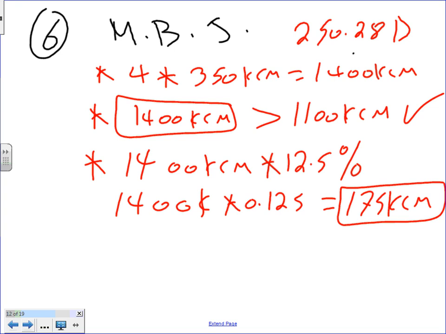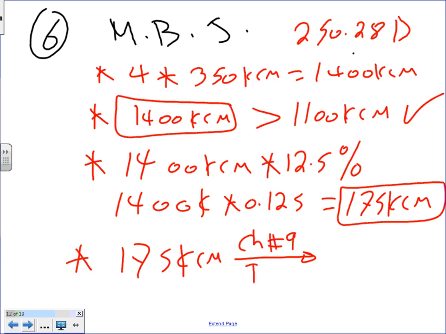There is no 175 kcm, so you need to identify it. I need to re-identify that from Chapter 9, Table 8. If you go to Chapter 9, Table 8, find a conductor that can give you 175 or larger. What's the conductor that can give you 175 kcm or larger from Table 8?